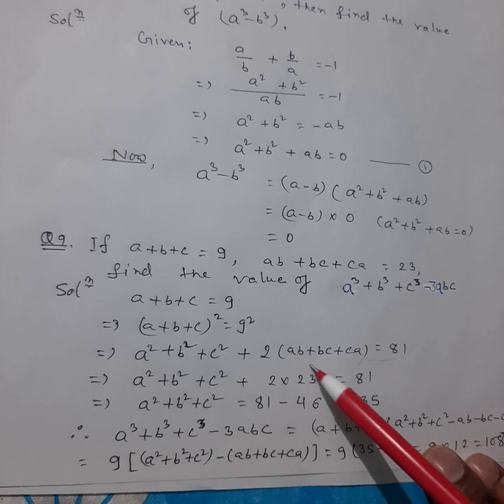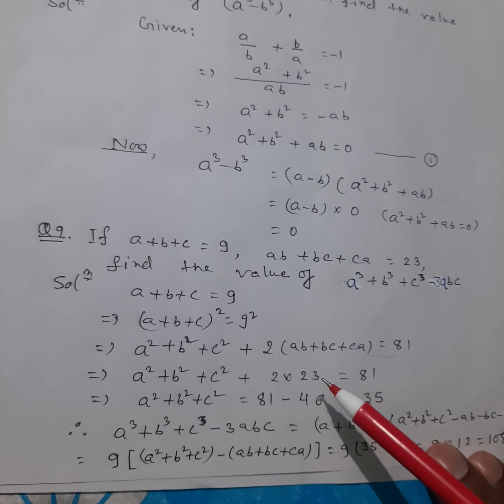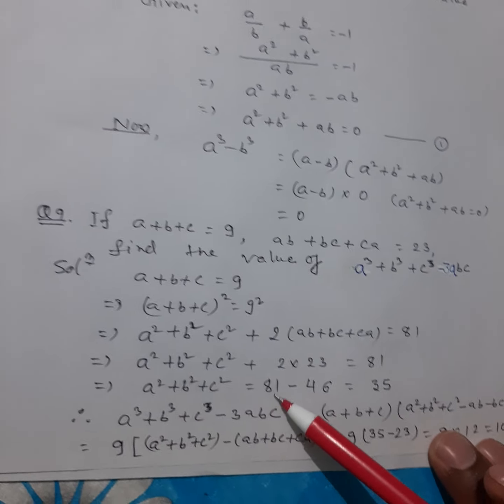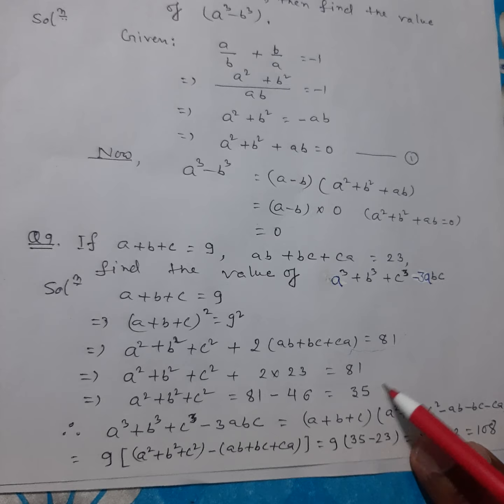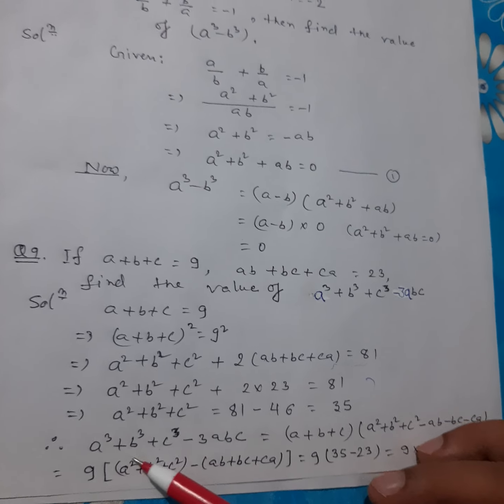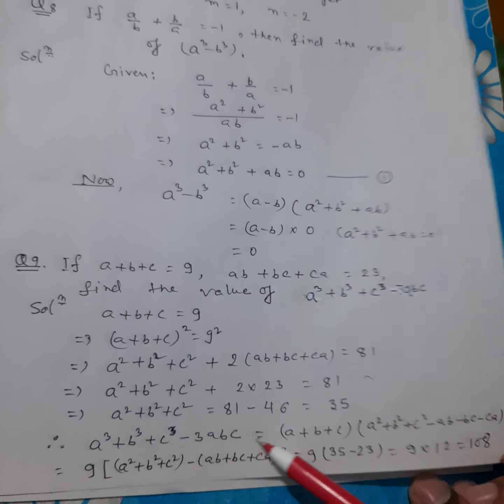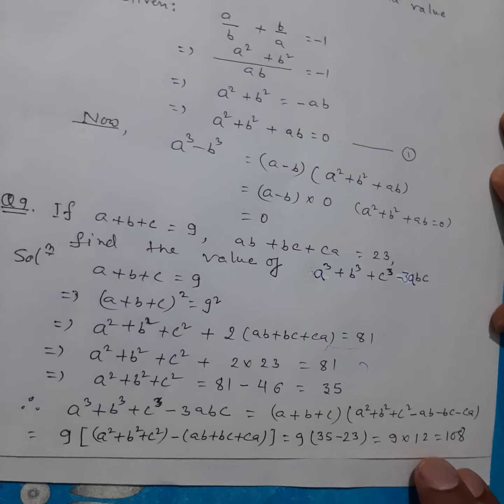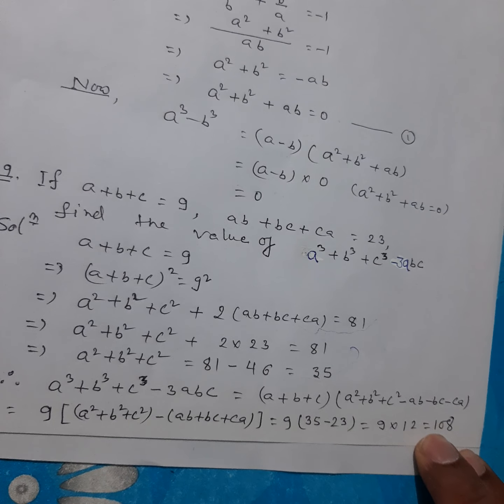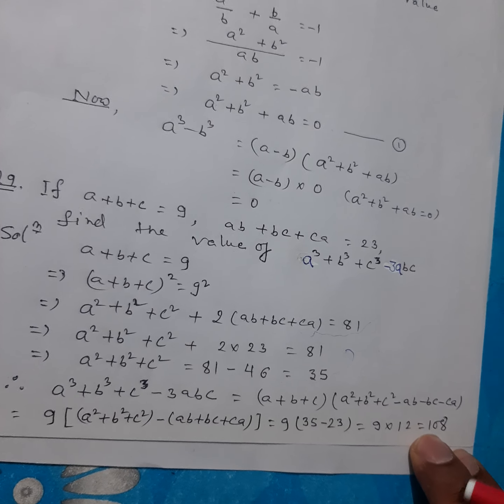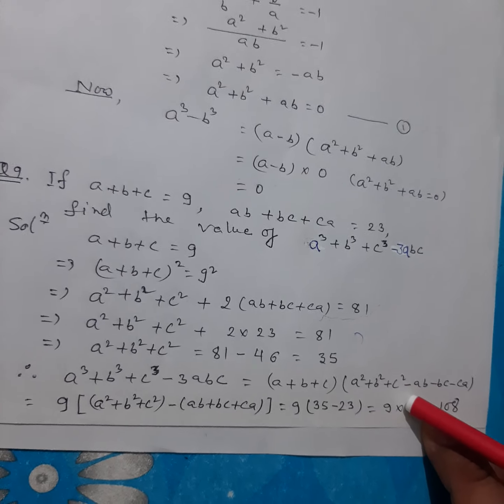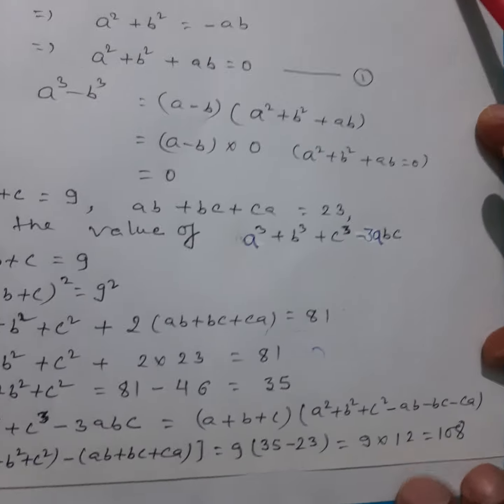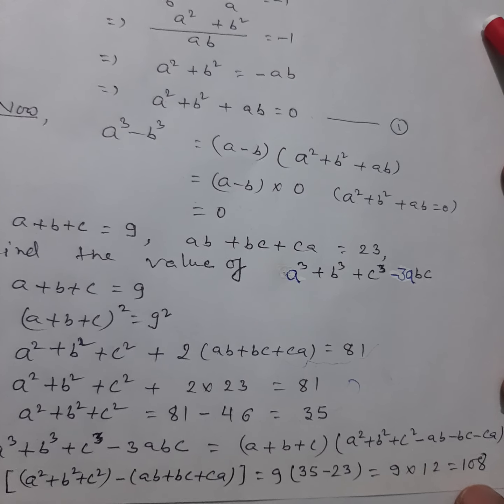Now putting the value of ab + bc + ca = 23, we get a² + b² + c² = 81 − 46 = 35. Therefore a³ + b³ + c³ − 3abc = (a + b + c)(a² + b² + c² − ab − bc − ca). Now putting the values, we get 9 × (35 − 23), that is 9 × 12 = 108.